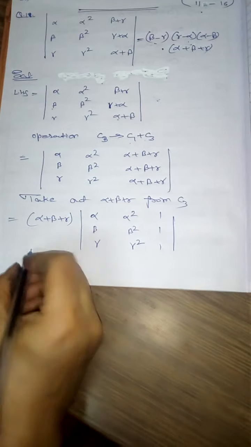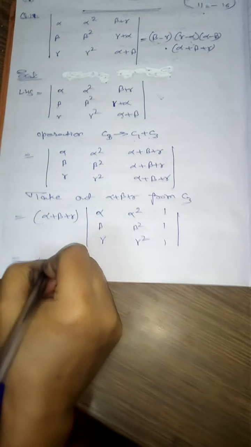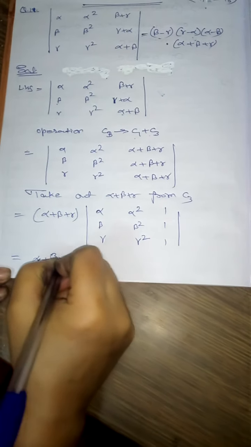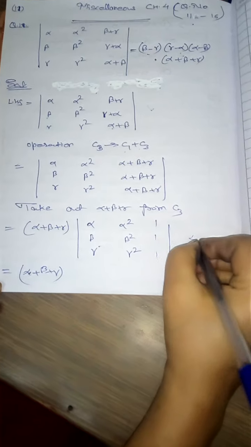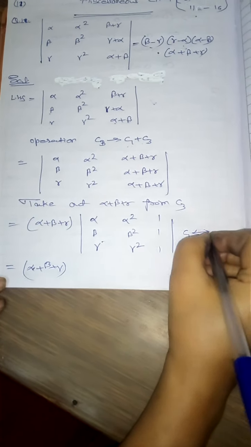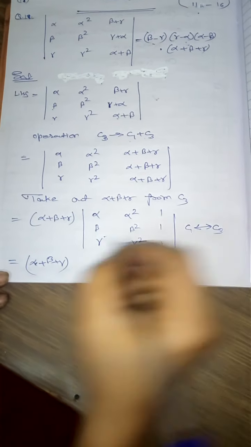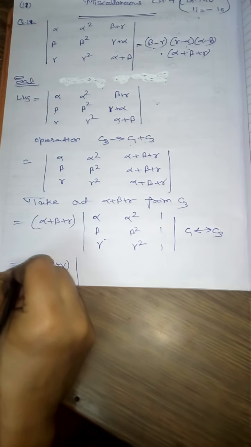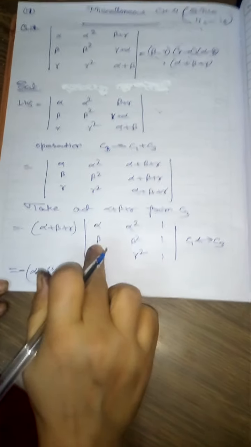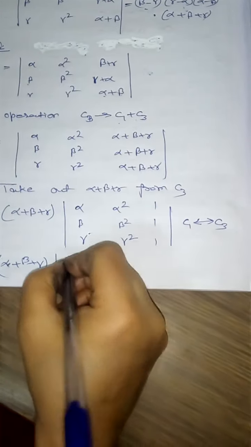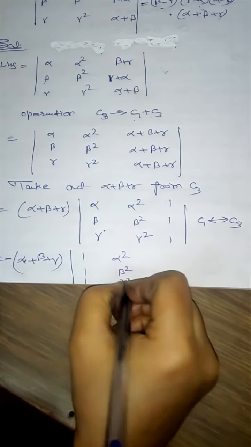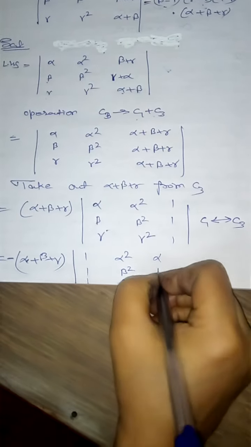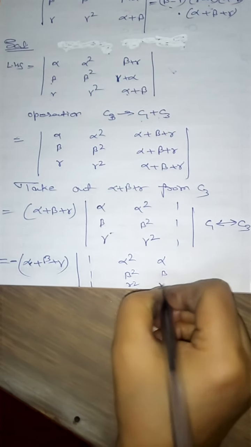First interchange C1 and C3, then a negative sign comes. Then we have 1 1 1, alpha square beta square gamma square as it is, and alpha beta gamma.